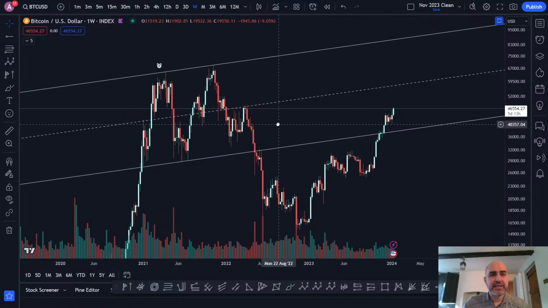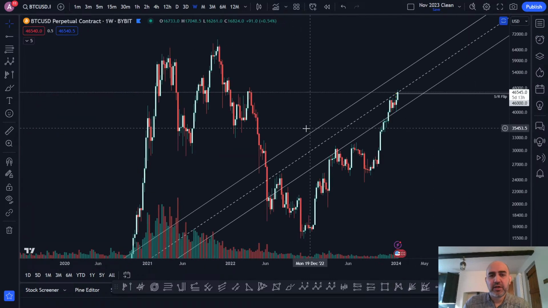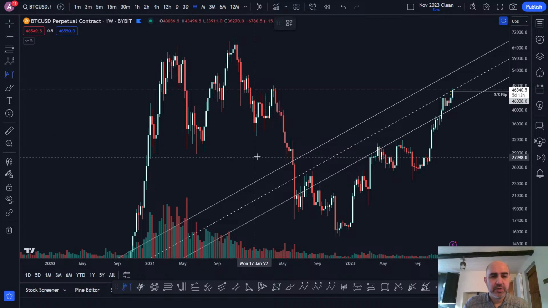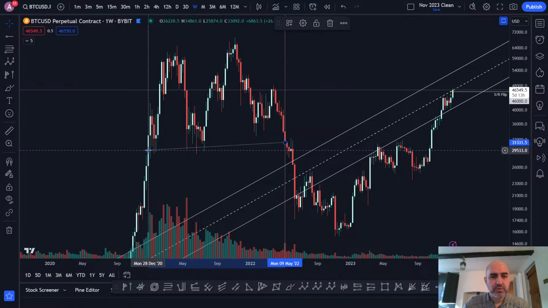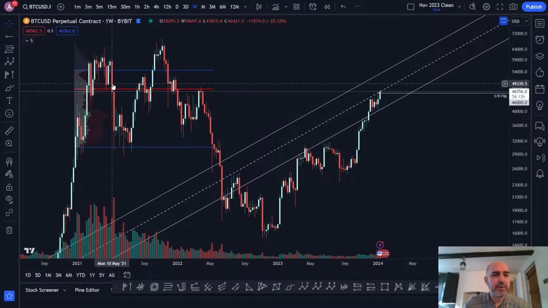And then the other thing is, if you look at the Bybit chart and you do a range volume pull on the bull market range, we have a previous point of control which is just above us, about 47,000.